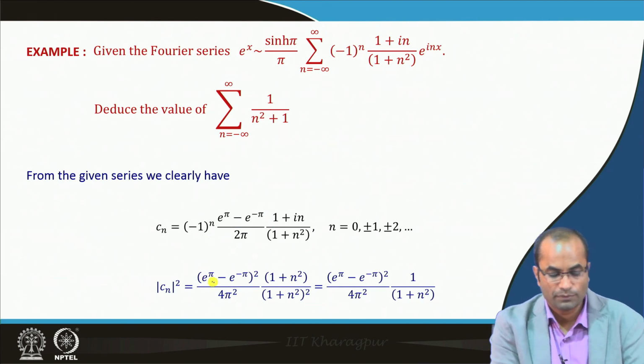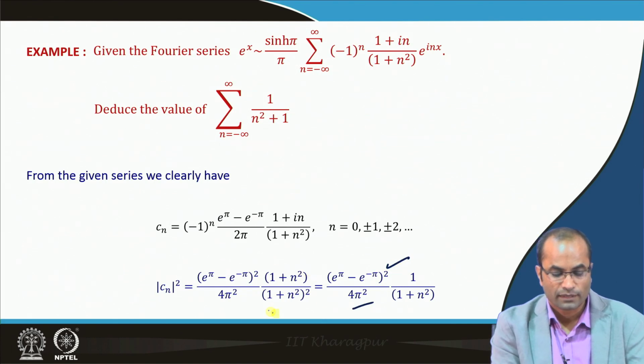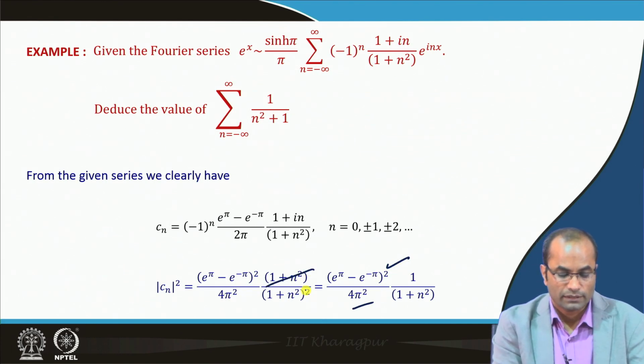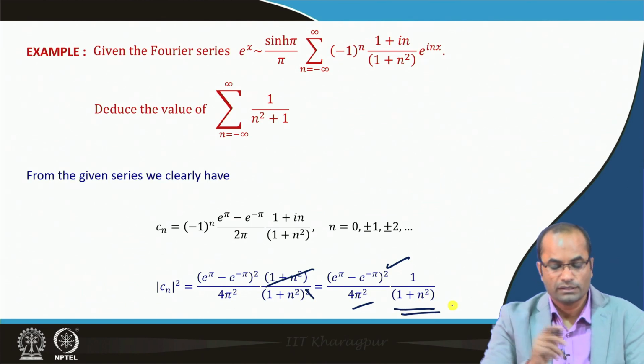So, here we have (e^π − e^(−π))² over 4π², and then this will cancel out, so we have only 1 + n².